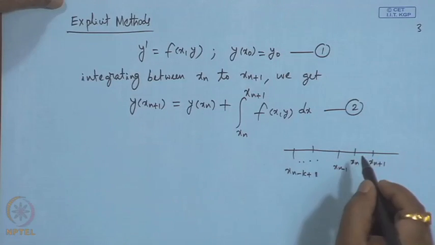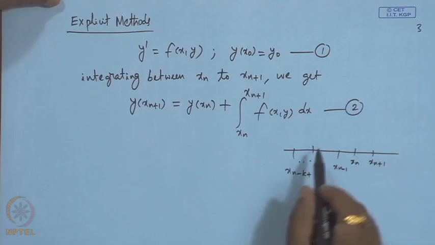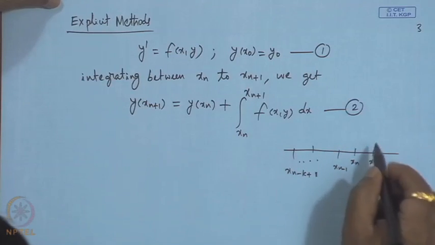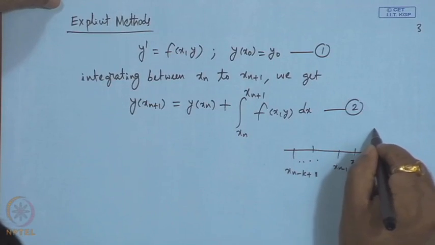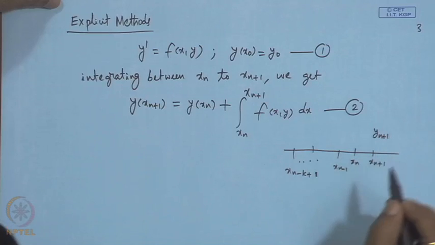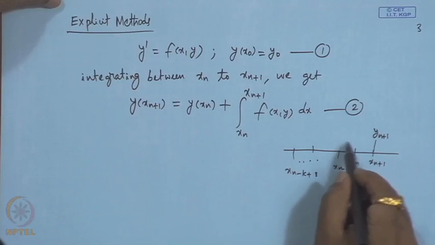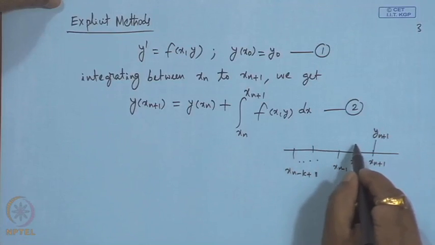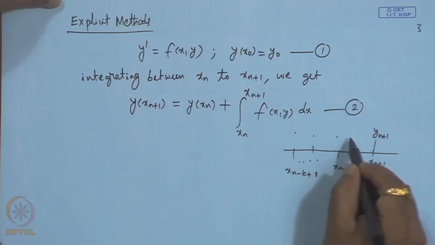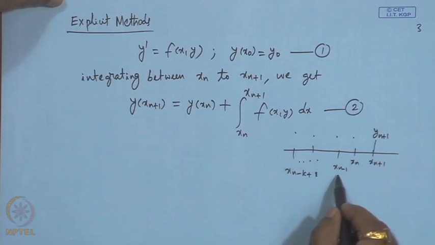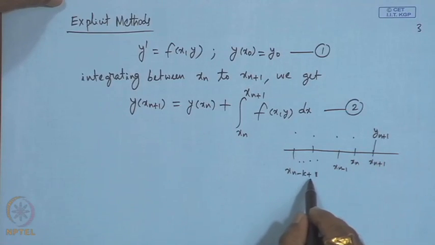The method we are talking about is explicit, that means to compute y here, we need the past points, x n minus 1, up to x n minus k plus 1.